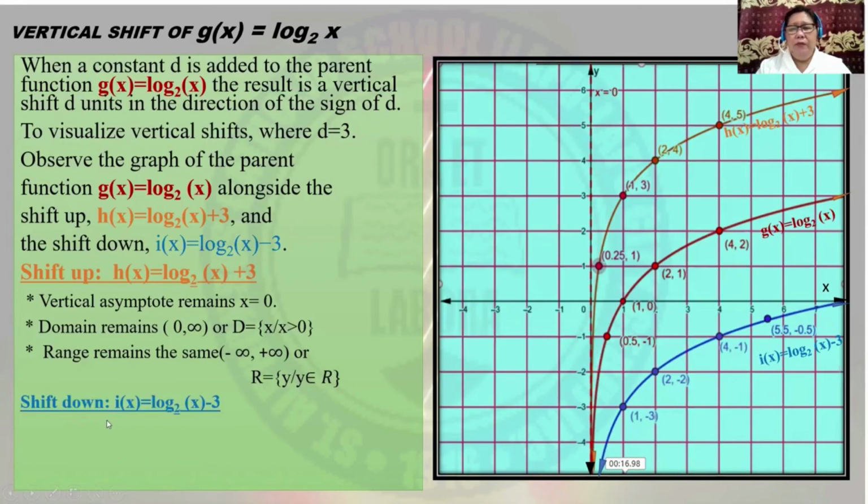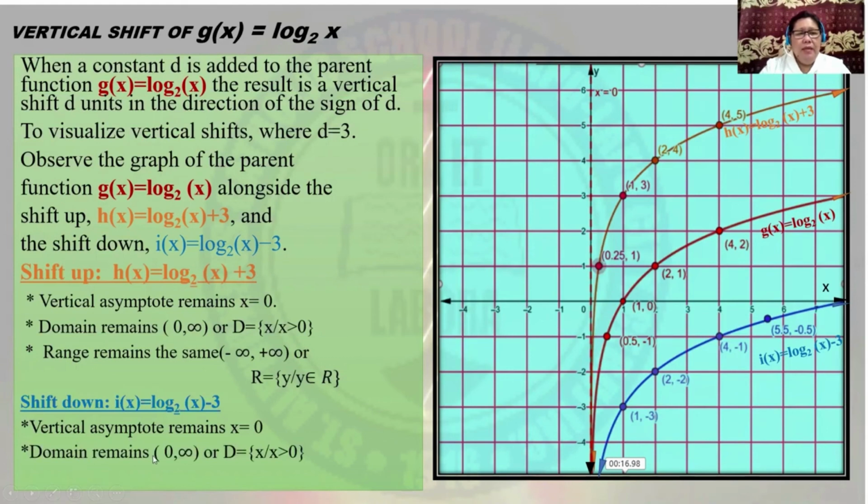And then for the shift down, this blue one represented by i of x, the vertical asymptote remains x is equal to 0. So it is still the y-axis. The domain remains x greater than 0. And the range remains the same. It is still y, element of real numbers.